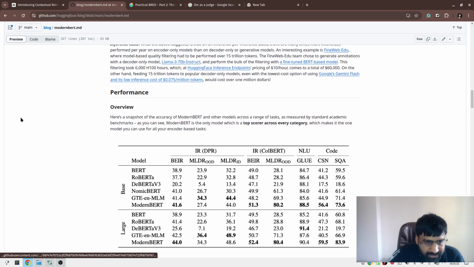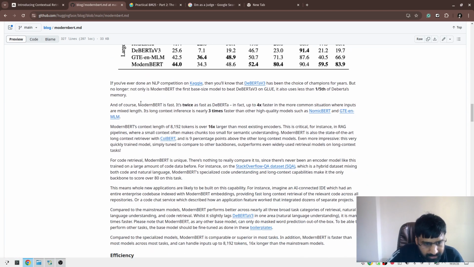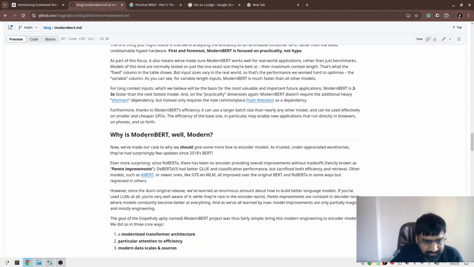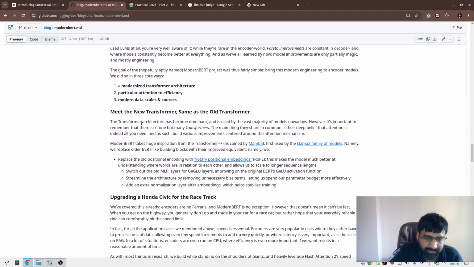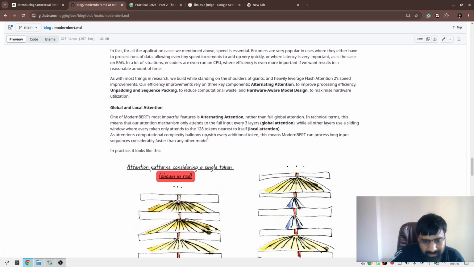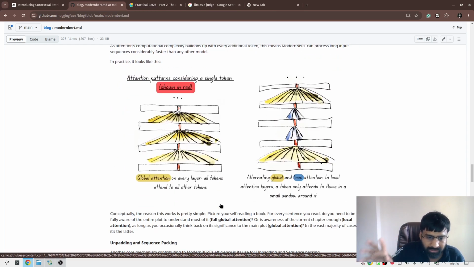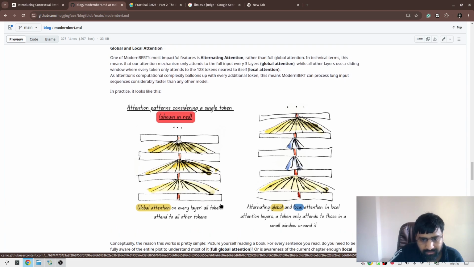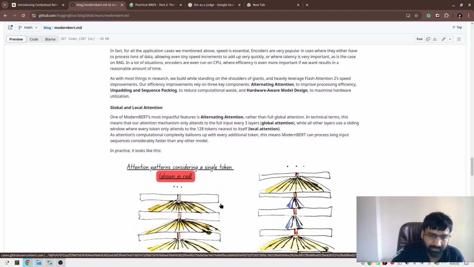So over here they have discussed the performance, and then the efficiency, and some other few things, but the crux of this whole blog is simple, and I have made it very simple for you: why decoder-only models sometimes are not best suited.